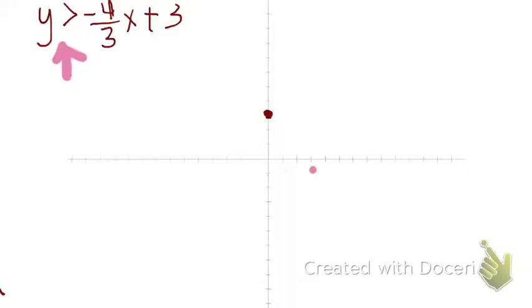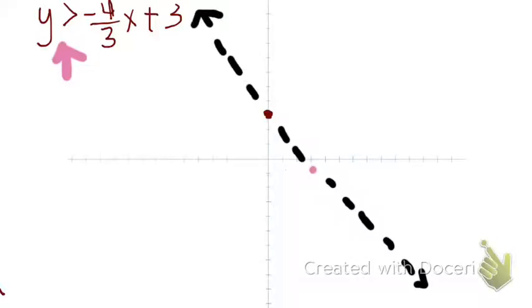Because it is not equal to, what kind of line am I going to have? We are going to have a dashed line. So let's get this dashed line on here. And this says y is greater than. So on what side of the line is it going to be greater than? Well, that is this section over here.